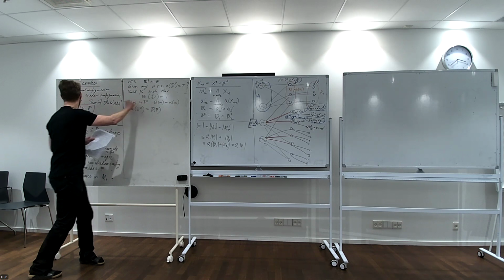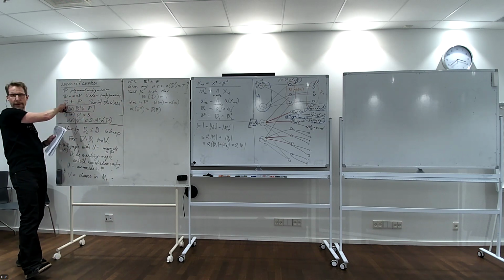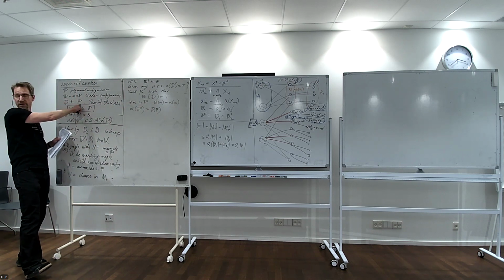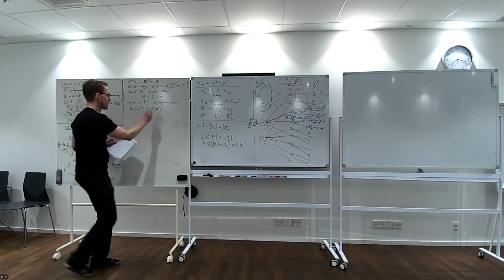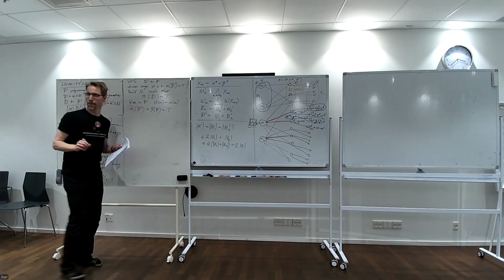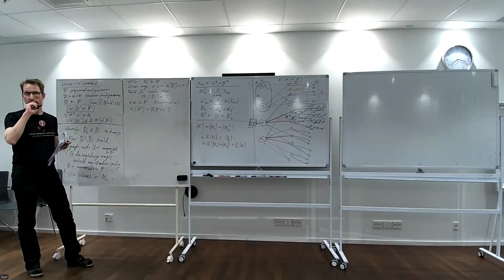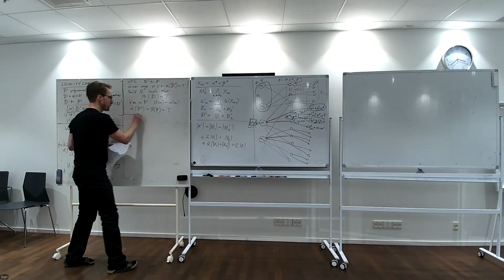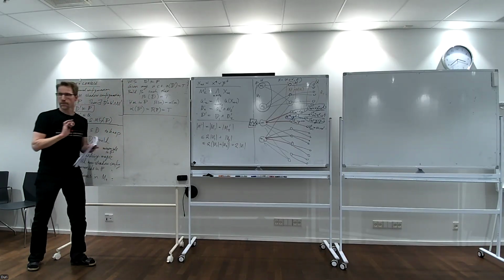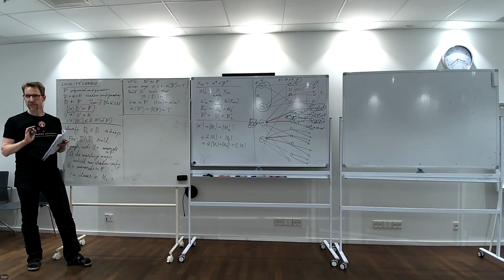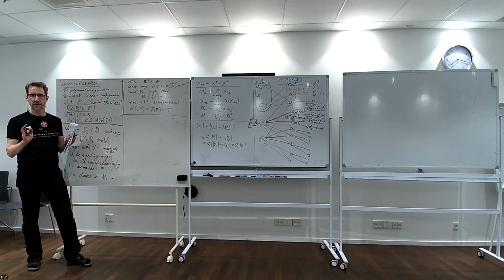But beta satisfies the original D. So beta definitely satisfies P. Okay? So if we can prove this, we're done. Am I making sense? Yeah.